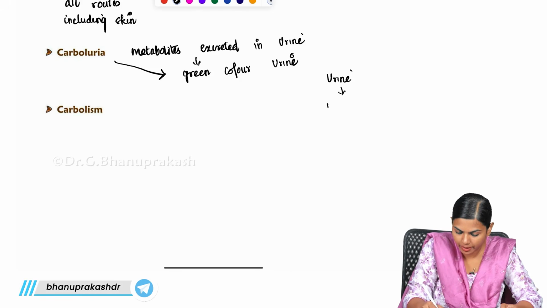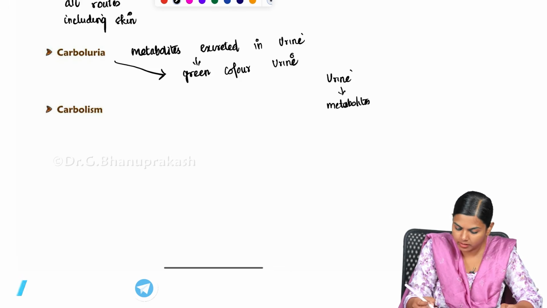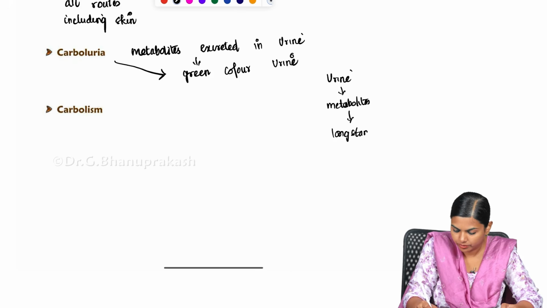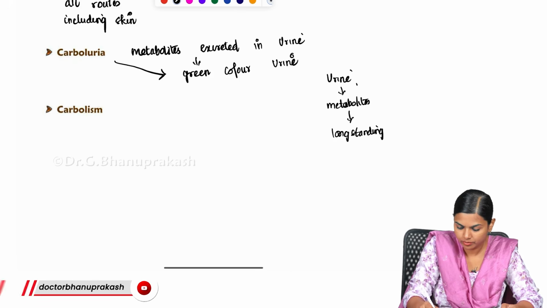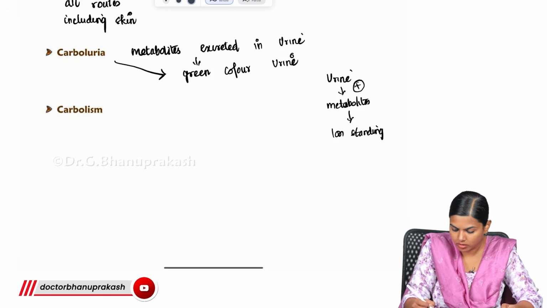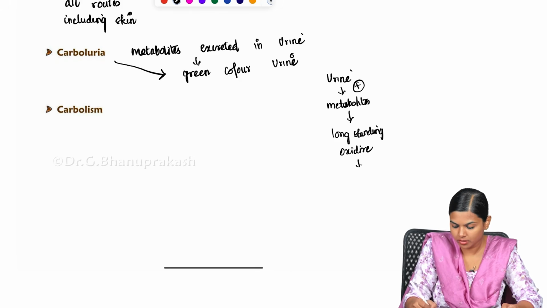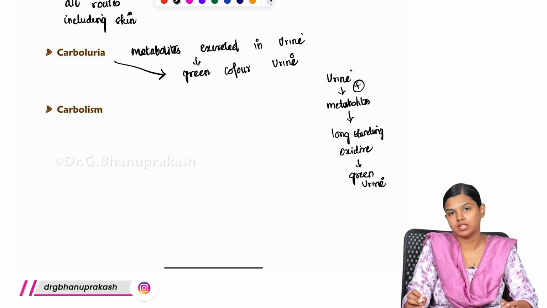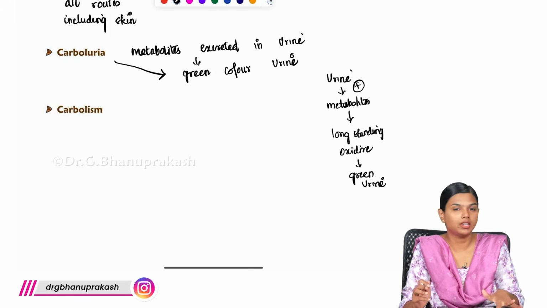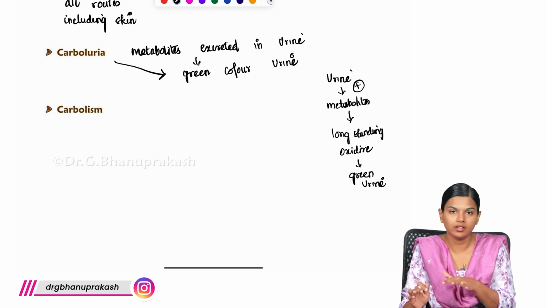You will have these metabolites, and on long standing, they will oxidize and give this green color urine. So this is basically Carboluria. Whenever you ingest carbolic acid, you will get this green color urine.